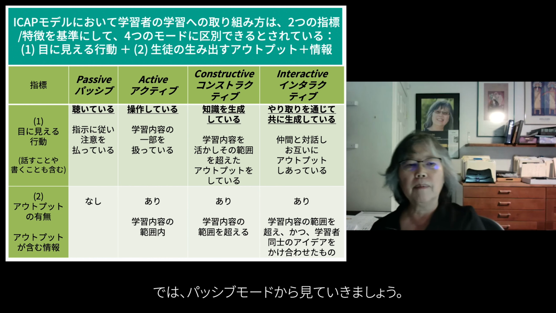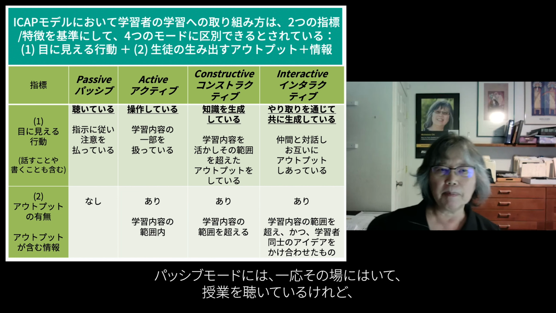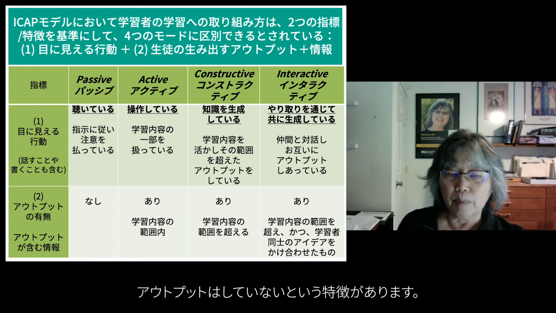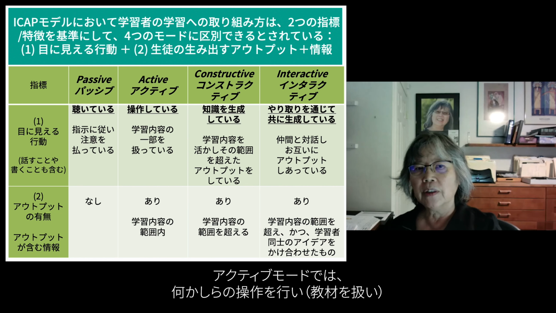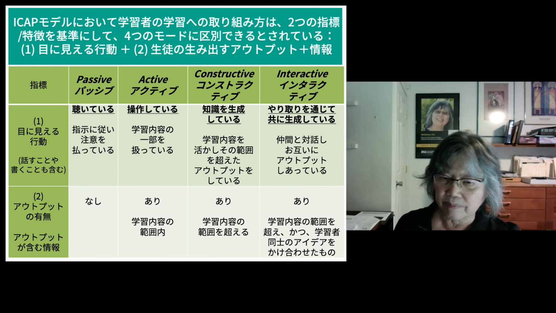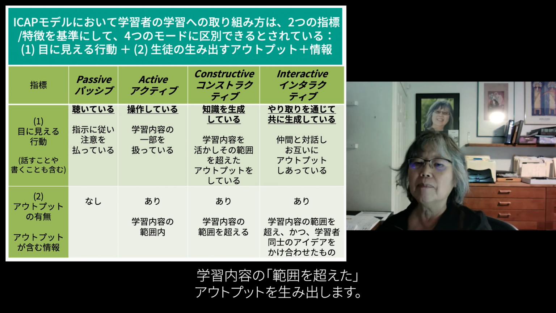So let's go through the second row in the bottom. For passive behavior, you're paying attention, but you're not producing any output. So there's no physical output. For active behavior, you are manipulating, and yes, you do produce output, but the output is part of the instructional material. And for constructive, you do produce output, but the output is some information beyond what is given in the instructional material.